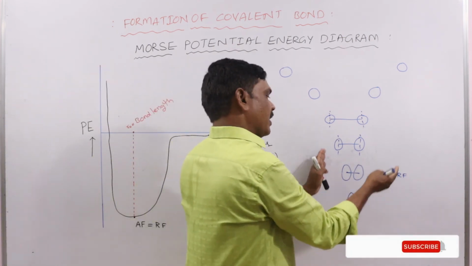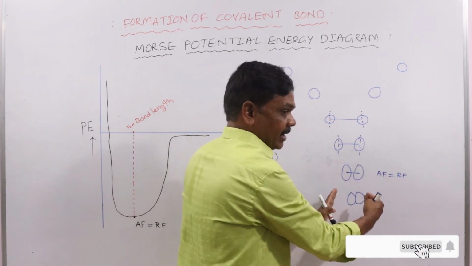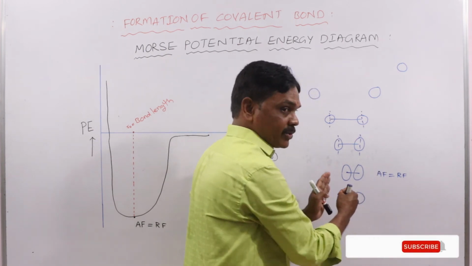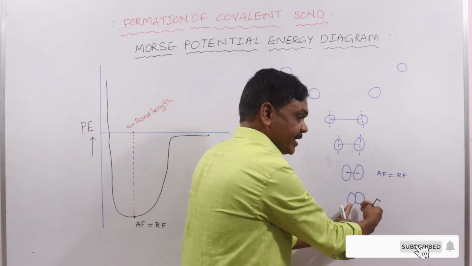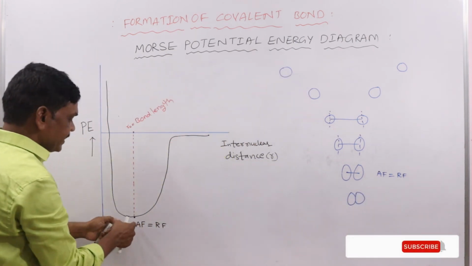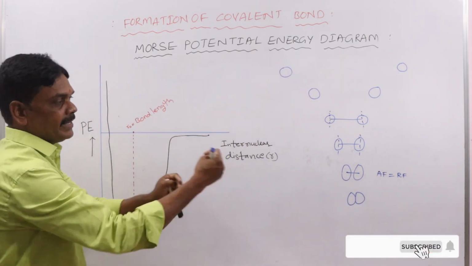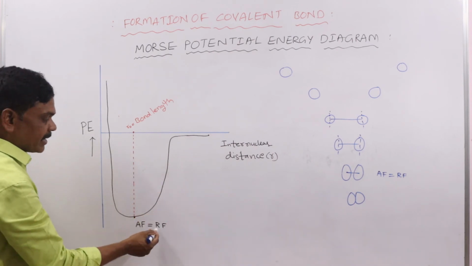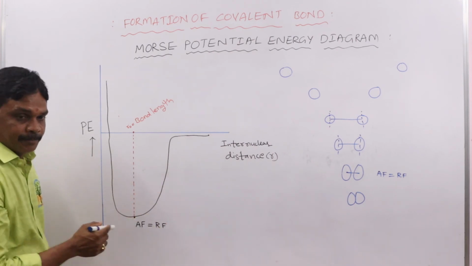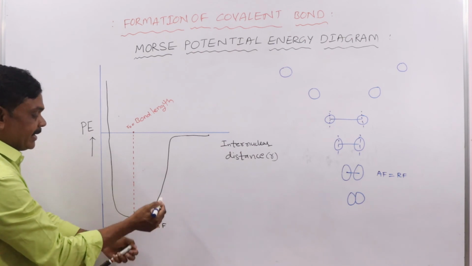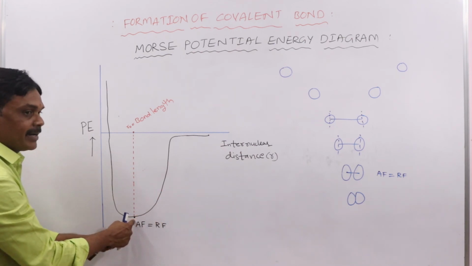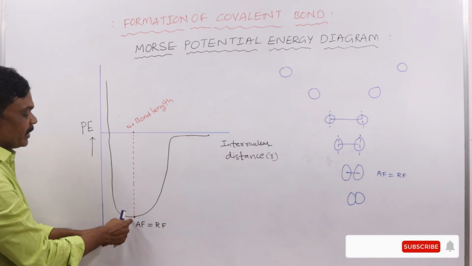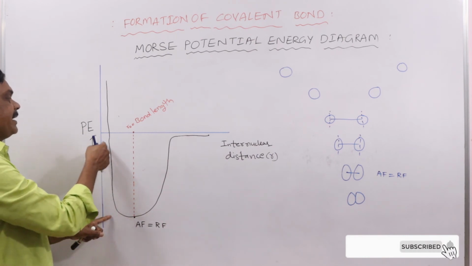After the formation of the bond, if the atoms come very close again, the distance between them is very small, so repulsion forces dominate. Once repulsion forces dominate, the potential energy of the system increases.